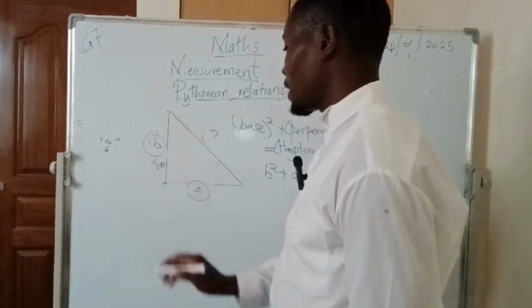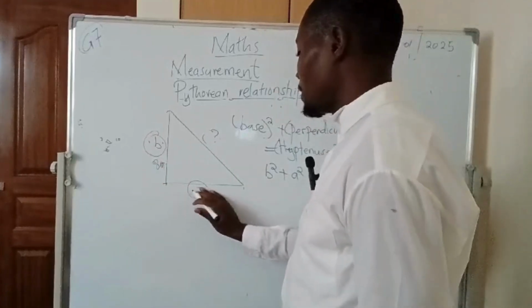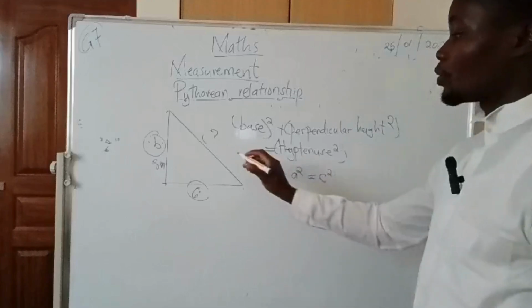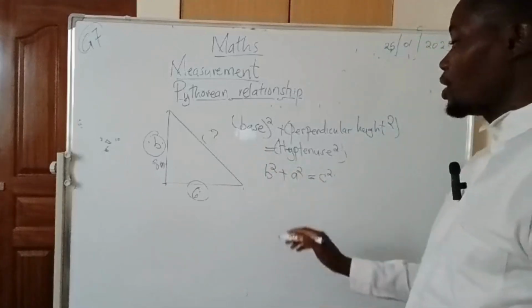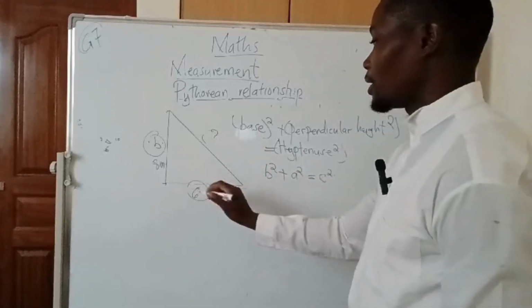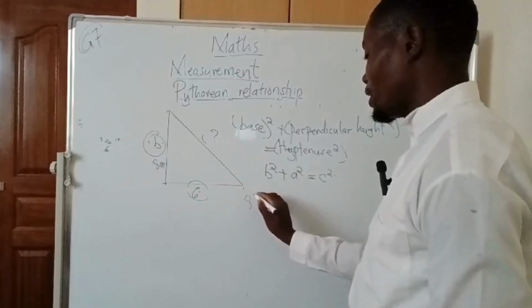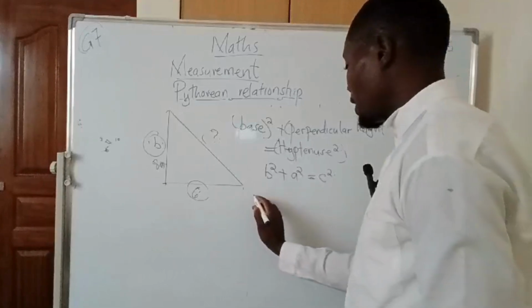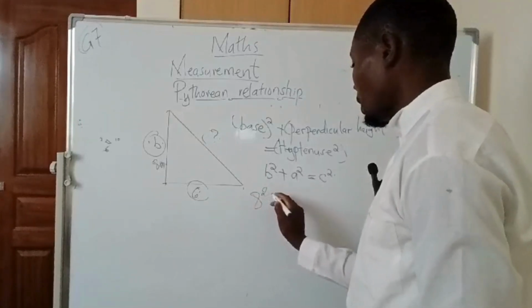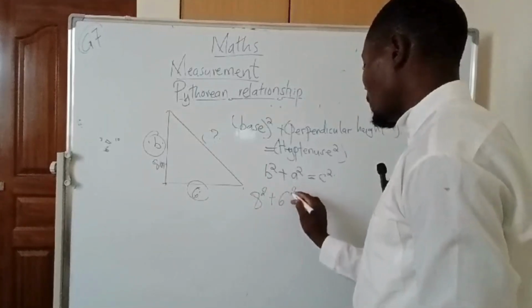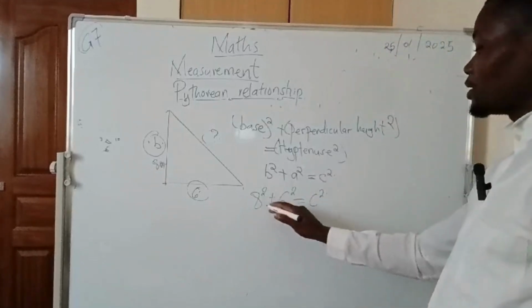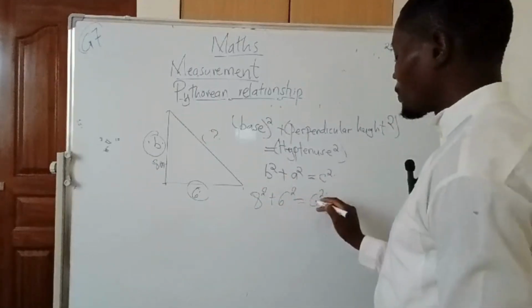So let's say this is 8 meters and this one is 6. When you come to our formula, we write 8 squared plus 6 squared is equal to c squared.